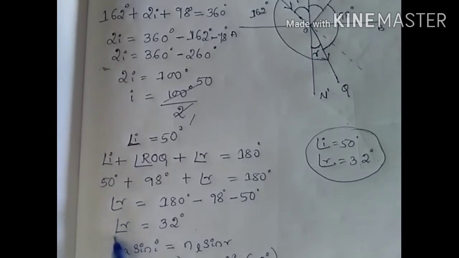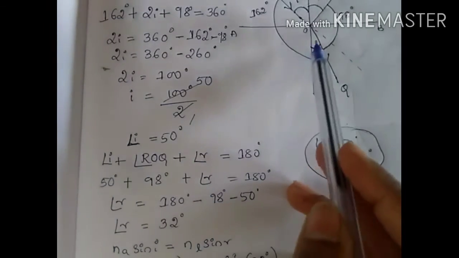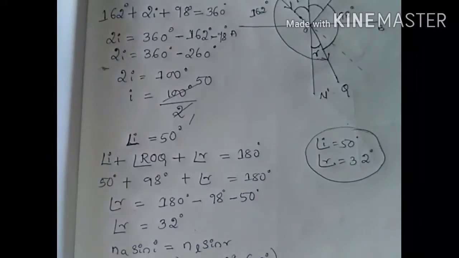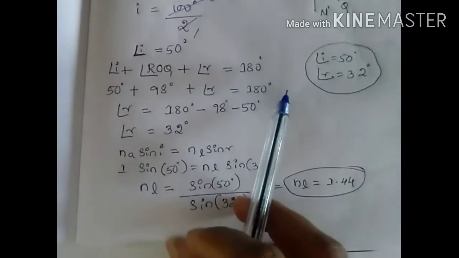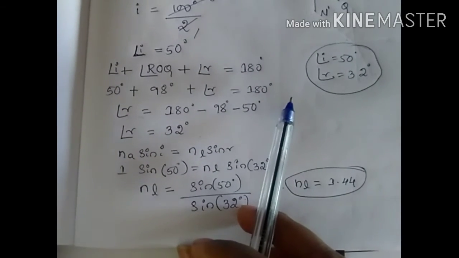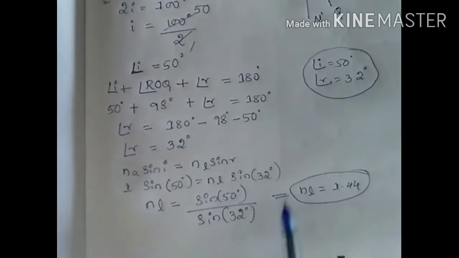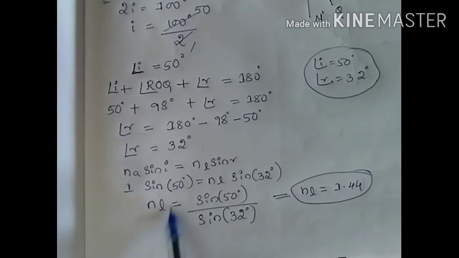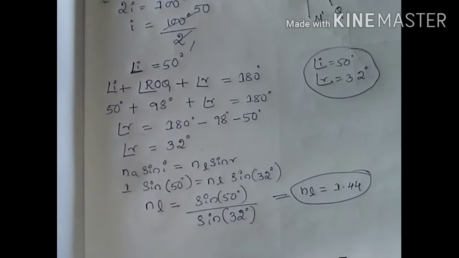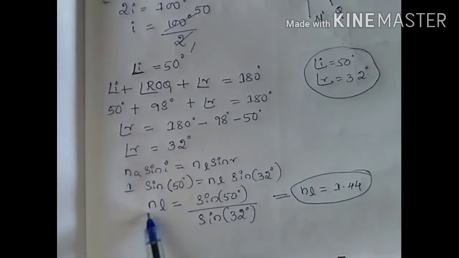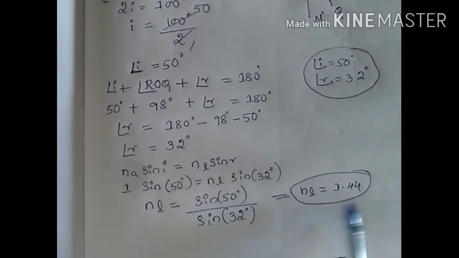Here R is the angle of refraction because we don't know this R. From these two angles we used Snell's law, sin I by sin R, to find the refractive index of the liquid, which came around 1.44.